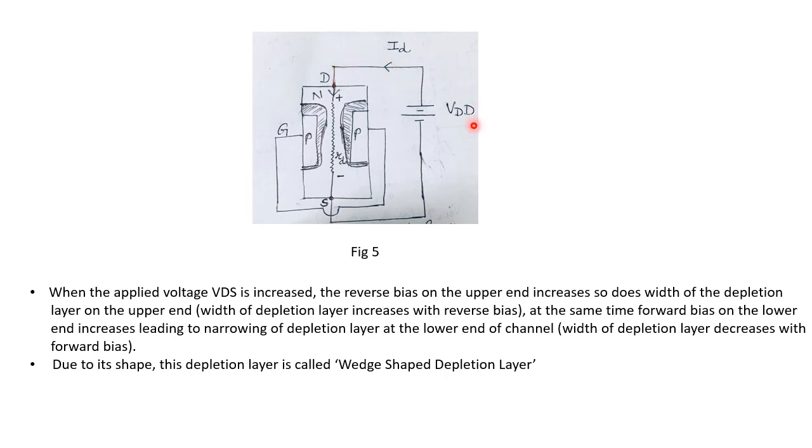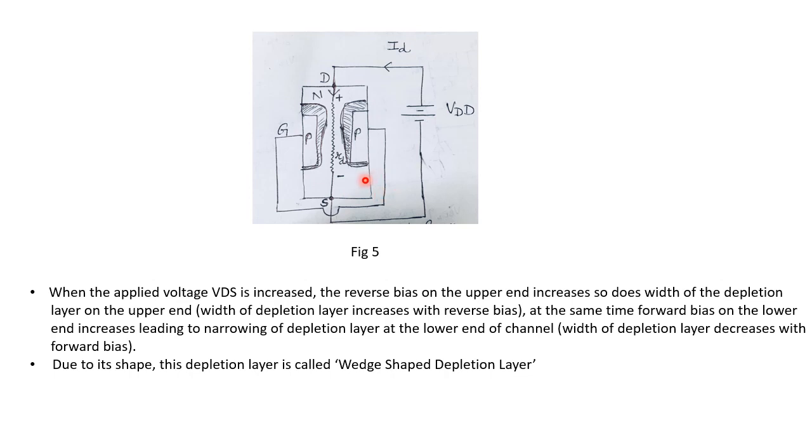When the battery is connected in this manner, it facilitates the flow of electrons from source towards the drain. We know that this is the n-channel FET and the majority charge carriers are the electrons.